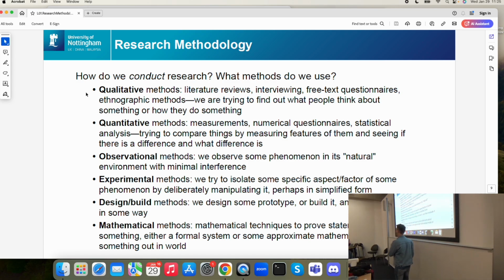This is qualitative research, right? You might be conducting a survey and asking people their opinion about something. This is qualitative research based on natural language.